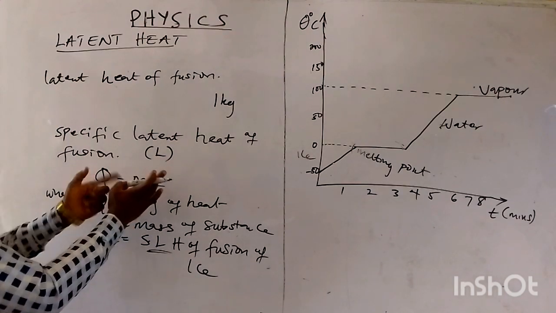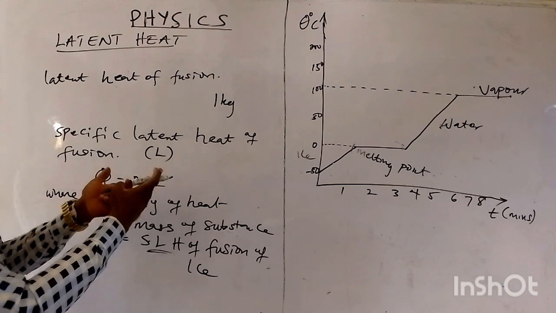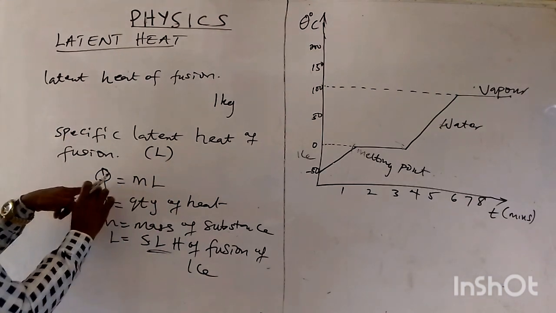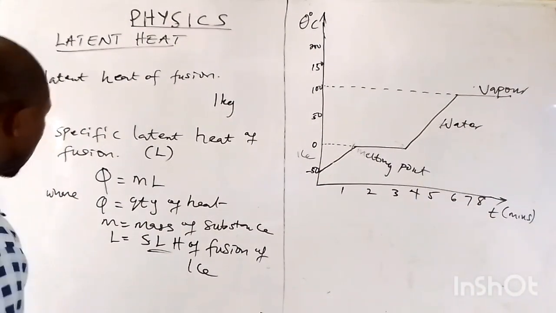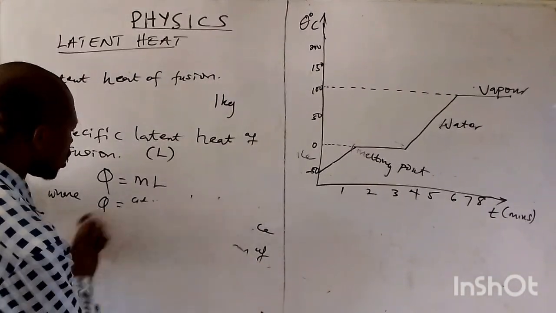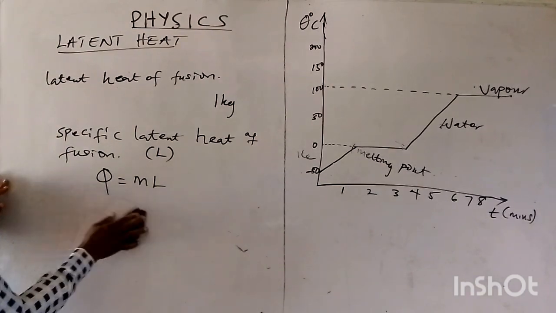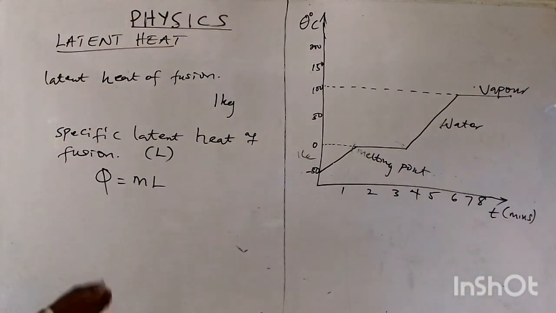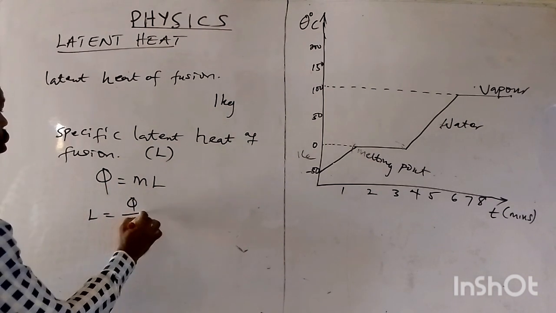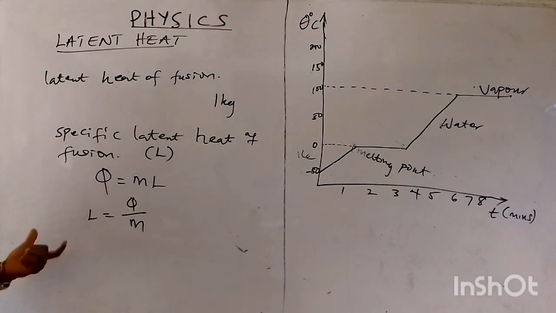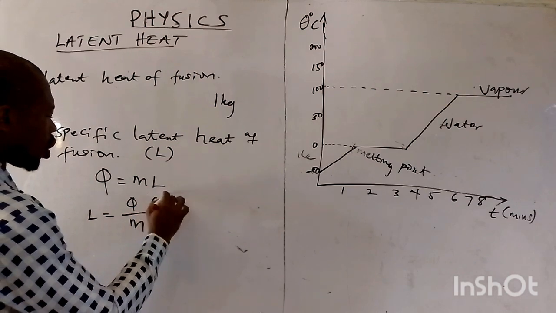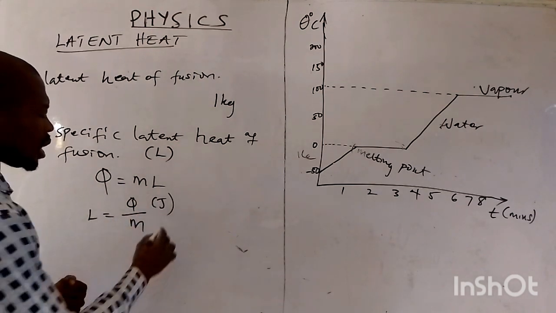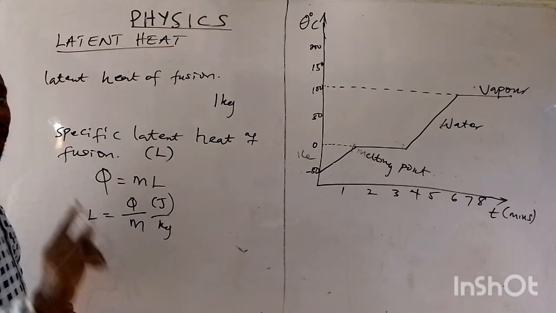Most times, you might be asked to get L given Q and M. Now we can take the SI unit. The SI unit of specific latent heat, if we make L the subject, is L equals Q over M. Q, the quantity of heat, is measured in joules, and M is measured in kg.